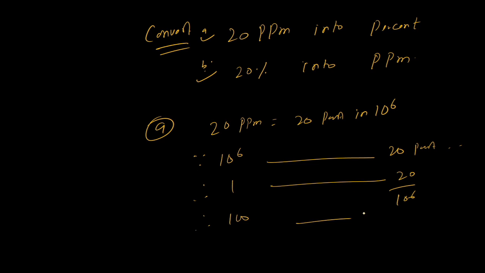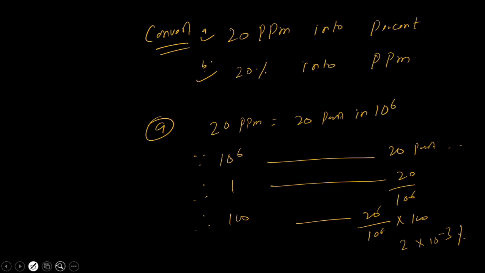Therefore you have to find it for 100. So 20 upon 10 power 6 into 100. Two zeros cancel, one zero cancels, so 2 into 10 power minus 3. This will be your answer, this much percent.